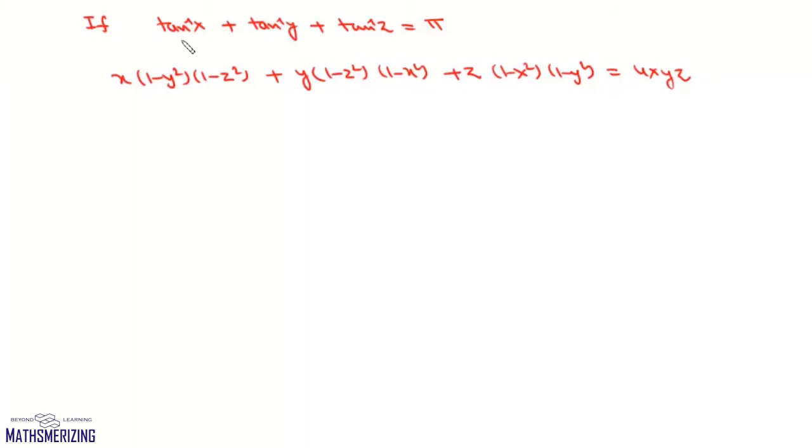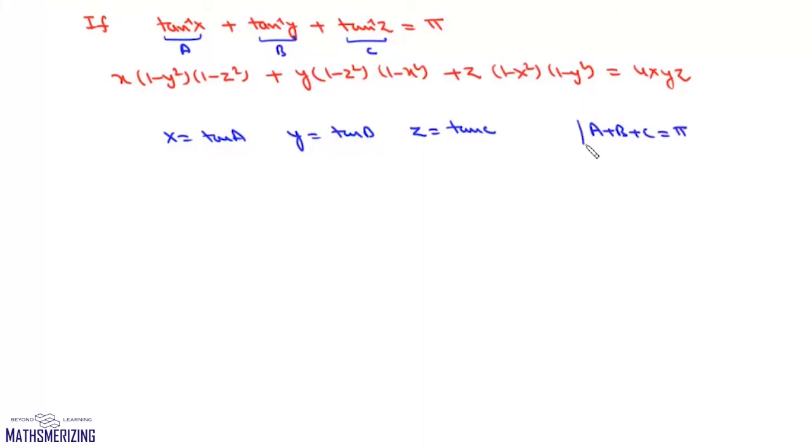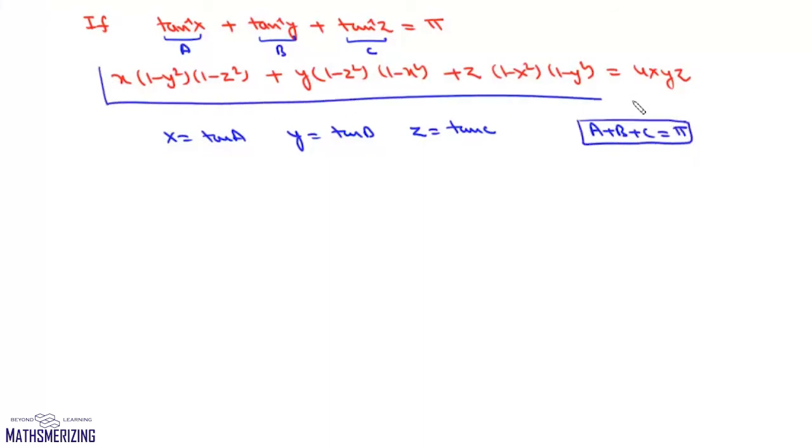Now as we did in the previous question, we'll take this as a, we'll take this as b, and we'll take this as c. So here we'll get x equals tan a, y equals tan b, and z equals tan c. And also we'll get this condition that a plus b plus c is equal to pi. Now we'll need to prove this statement.